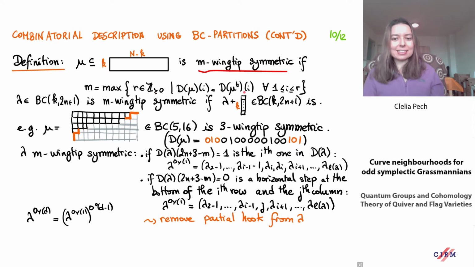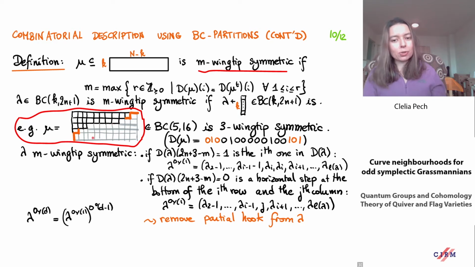The definition is a little bit difficult, so I'm going to mostly illustrate it here. Basically, I take my partition and follow this path, and I look at when, here I have a horizontal step corresponding to a vertical one, here a vertical one corresponding to a horizontal one, and so on.